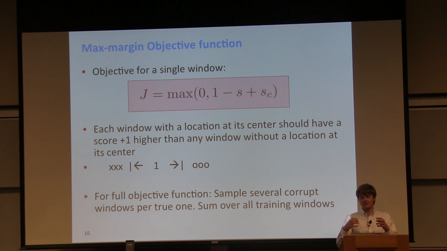Now you could sum over several corrupted or other windows that aren't in this true class. So you could sum here over a couple of different random windows that aren't right. And of course, in the end, you're going to sum over all the training windows to compute your complete objective function. But in SGD, we're going to always subsample a small batch. All right, any questions?